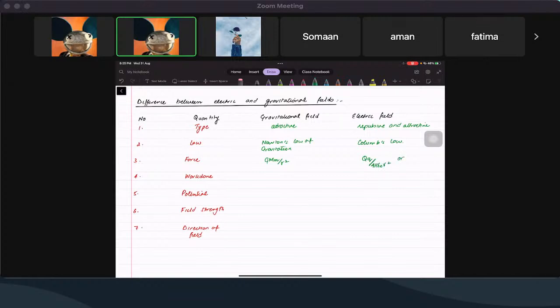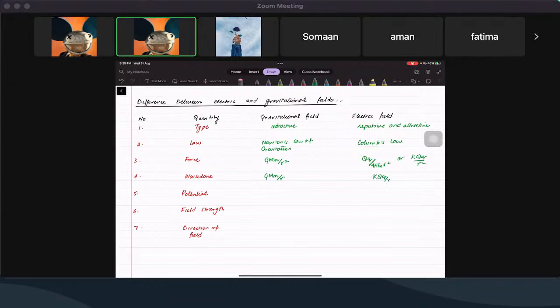Or you could say kq over r square. It's the same thing. The work done is Gm over r, and in this one it is kq over r, very similar.